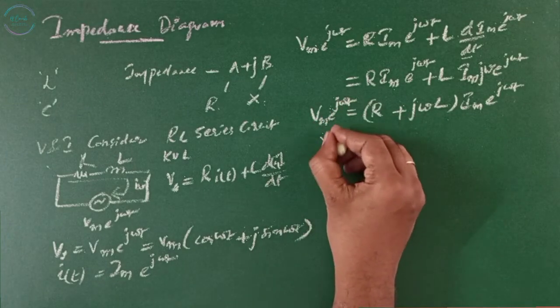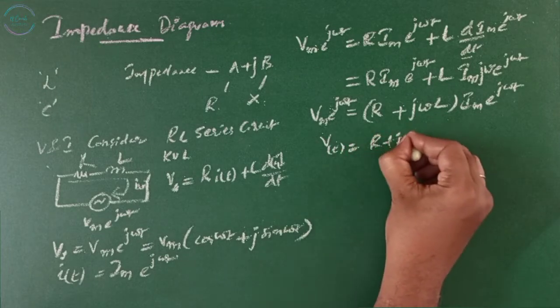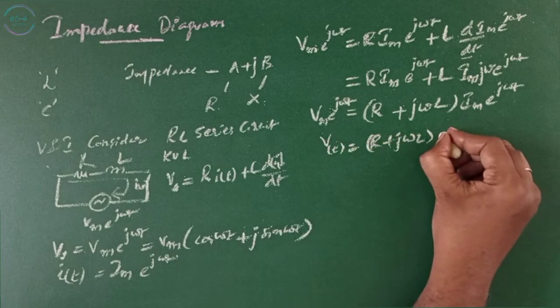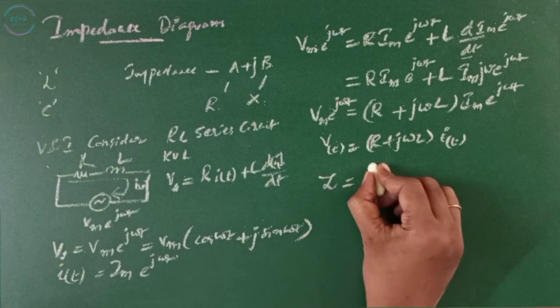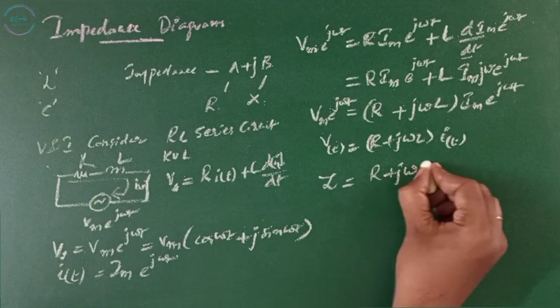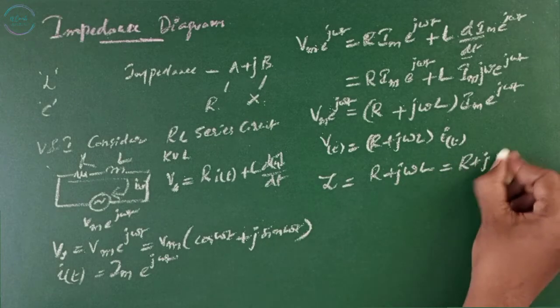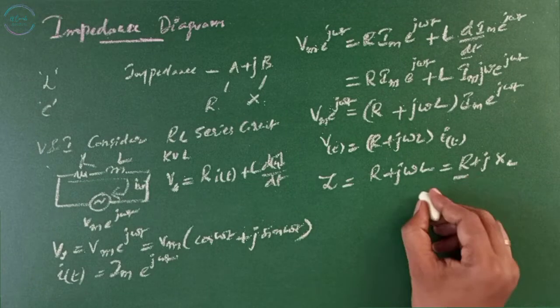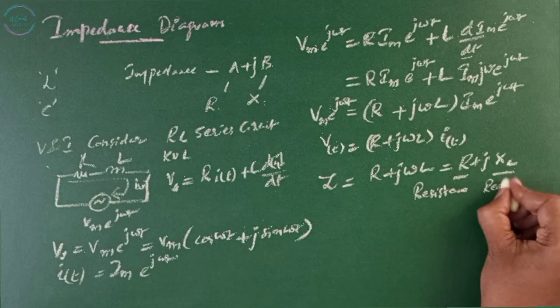Simply you can write Vs or V of t equals R plus j omega L of I of t. Now the impedance Z is nothing but R plus j omega L. This can be written as R plus j XL. Here this is the real part, resistance, and this is the imaginary part, reactance.